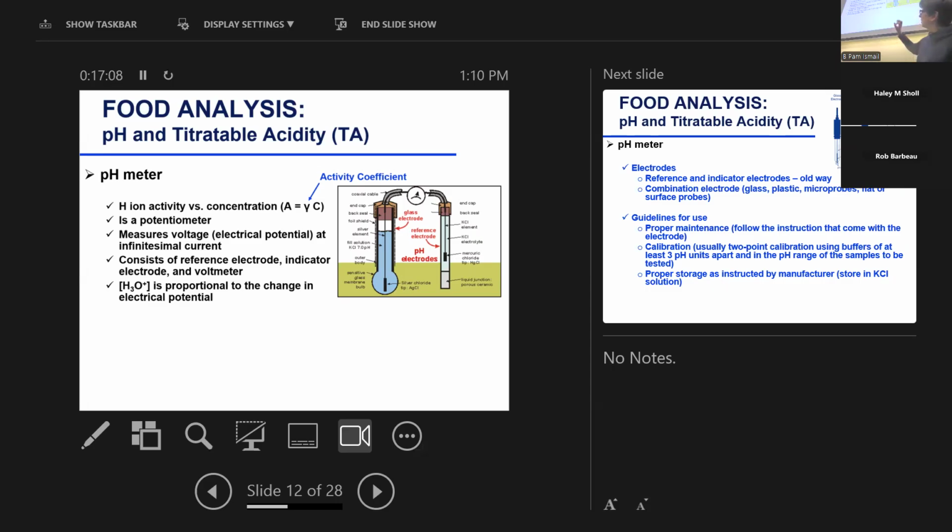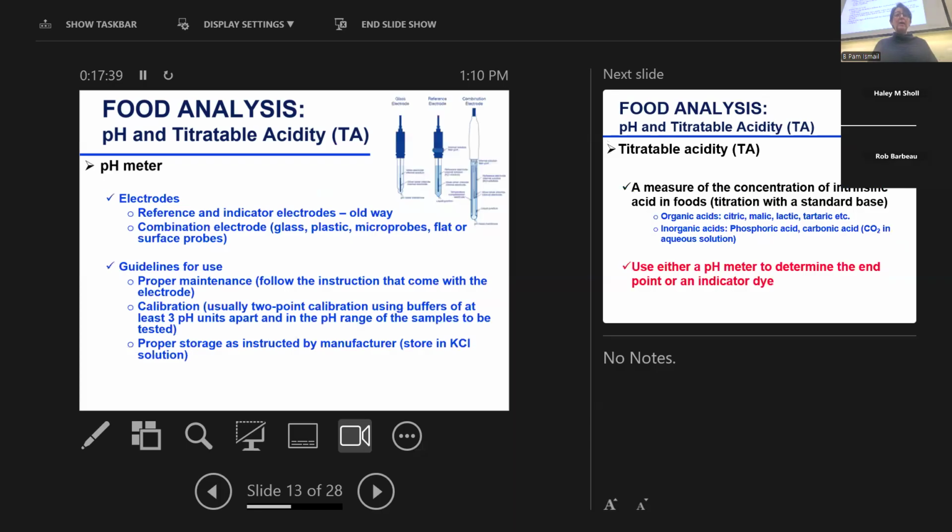The way it works, you actually measure voltage or change in electrical potential when you apply a very, very small, infinitesimal current. That change in electrical potential is proportional to the concentration of your hydronium ions. This is all I want you to know at a high level about how the pH meter works. There's a lot of information in your textbook about it, but I don't expect you to remember that.